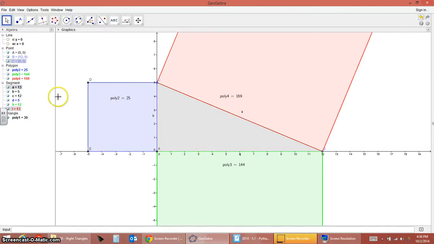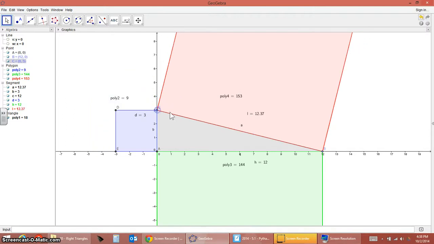Now what's interesting about this is, look here, this is the length of this segment right here. A is, let's see, 13. The length of the green square, this side length, is 12. So yeah, the length of the red side is 13, the length of the green side is 12, and the length of the blue side is 5. So we talked about Pythagorean triples a while back.